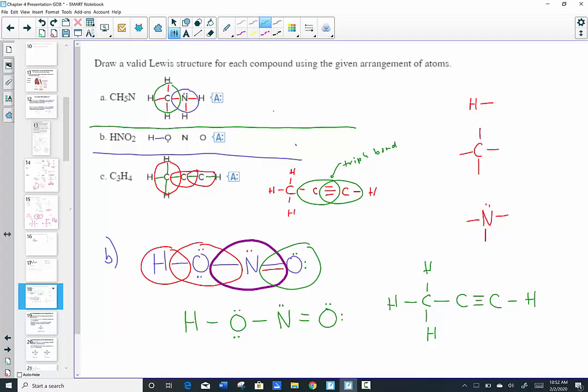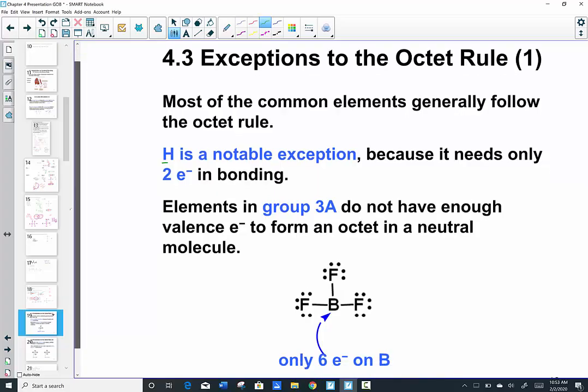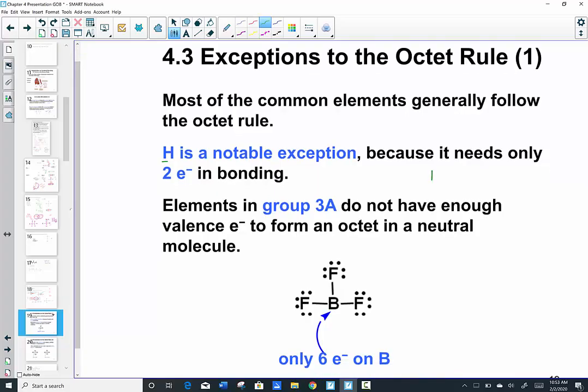You're doing great. Just with any rule, there's always an exception, and I wanted to share a few of those exceptions and look at section 4.3, exceptions to the octet rule. Well, most of the common elements are going to follow the octet rule. Hydrogen is a notable exception, and we've mentioned it all along, because hydrogen only wants to become like helium.